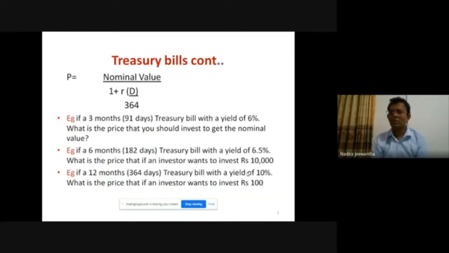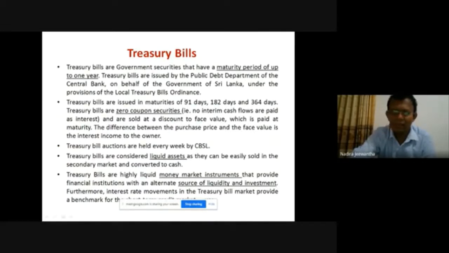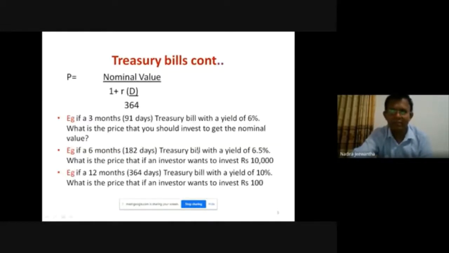So the 9,000 comes how? When you apply all these things, if you have 10,000, how much you should give to this primary dealers? It should be always less than 10,000. How do you find out? By applying all this to this particular formula, finding what? Pricing only. How much do I pay now to get this particular instrument?